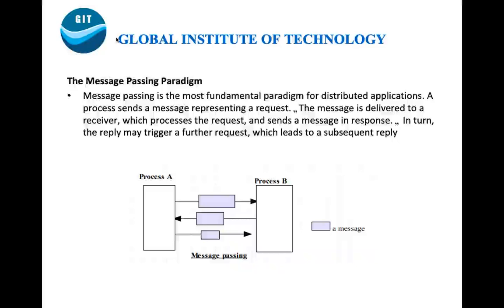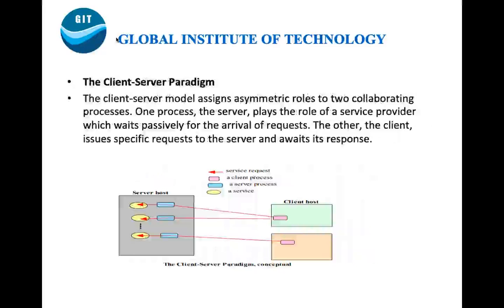A process sends a message representing a request. The message is delivered to a receiver which processes the request, and a message is sent in response. In turn, the reply may trigger a further request which leads to a subsequent reply.